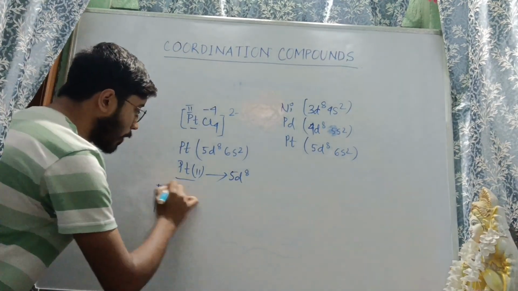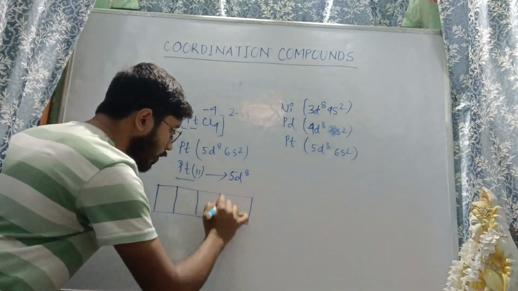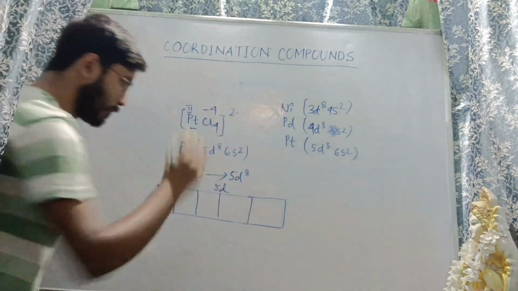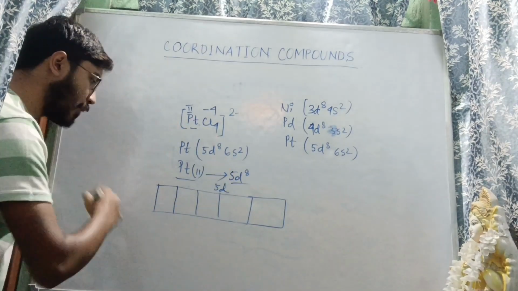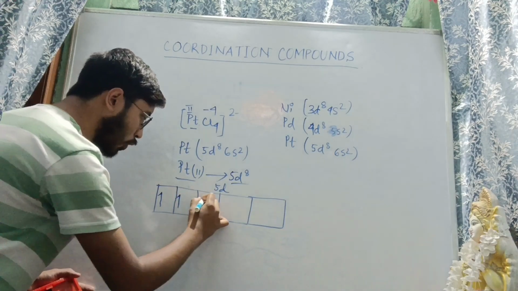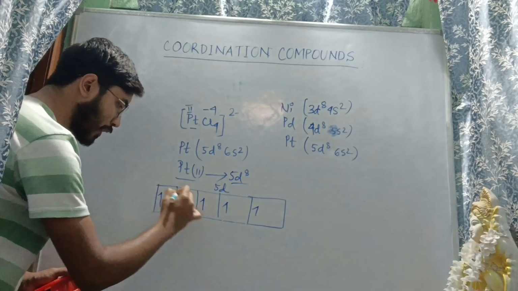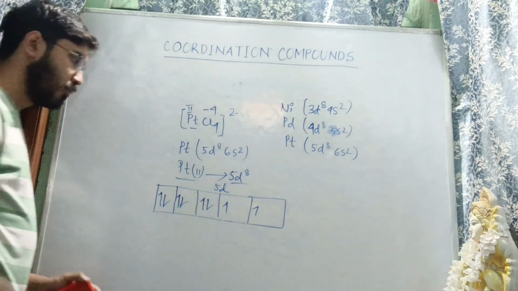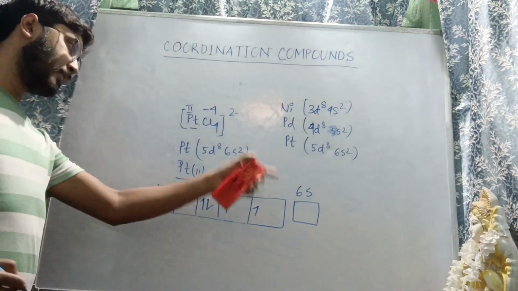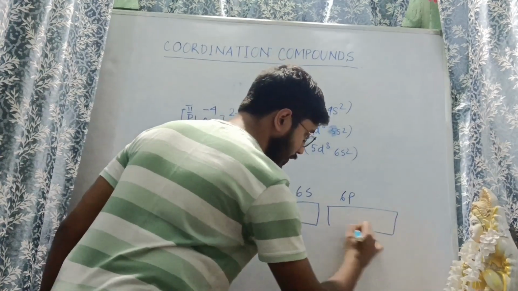So in the d orbitals, 5 orbitals are there, and 8 electrons are present in 5d. At first the electrons occupy singly, 1, 2, 3, 4, 5. Then the electrons are doubly occupied, 6, 7 and 8. Then the vacant 6s orbital is there and the vacant 6p orbital is also present.